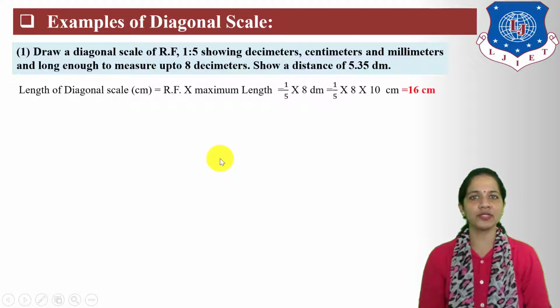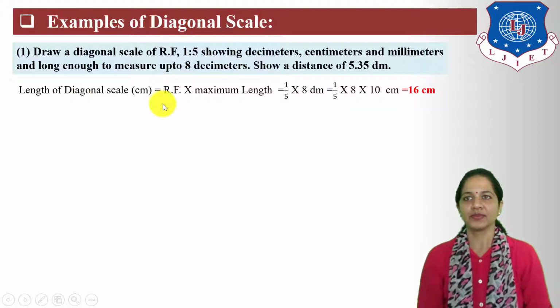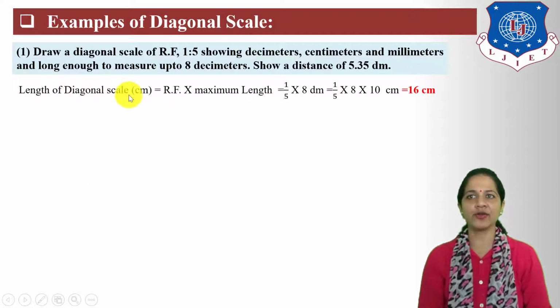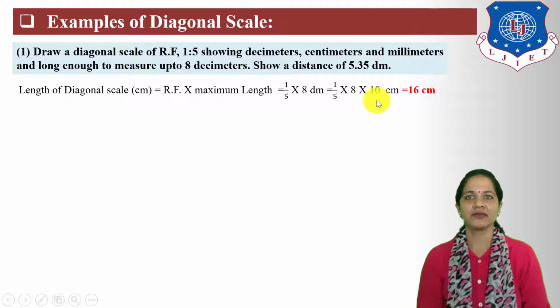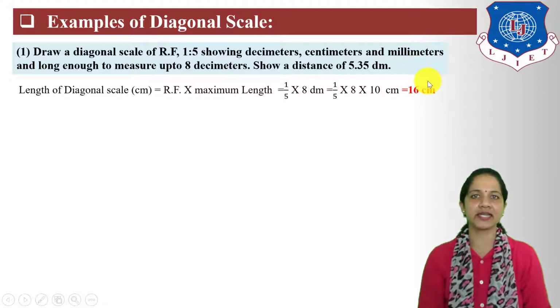We have to use same formula of plane scale. Length of diagonal scale in centimeter is equal to RF into maximum length. The value of RF is given 1/5 and maximum length is given 8 decimeter. Find out answer in centimeter, which is 16 centimeter.